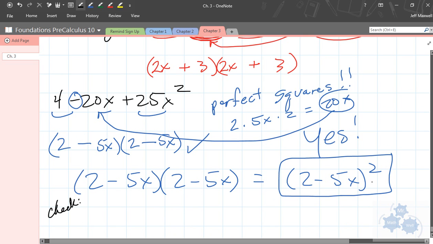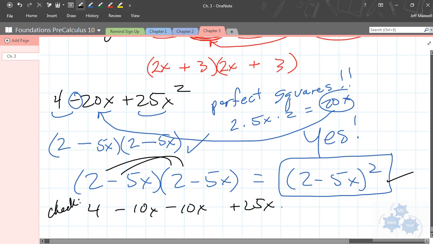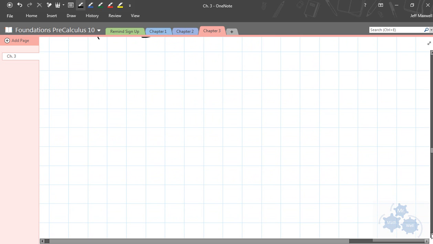When it comes time to checking this is your guess, and you go, okay, let's do a quick FOIL. That's 4 minus 10x minus 10x plus 25x squared. You get 4 minus 20x plus 25x squared. That's what we ended up with, right? Now you guys were saying what?